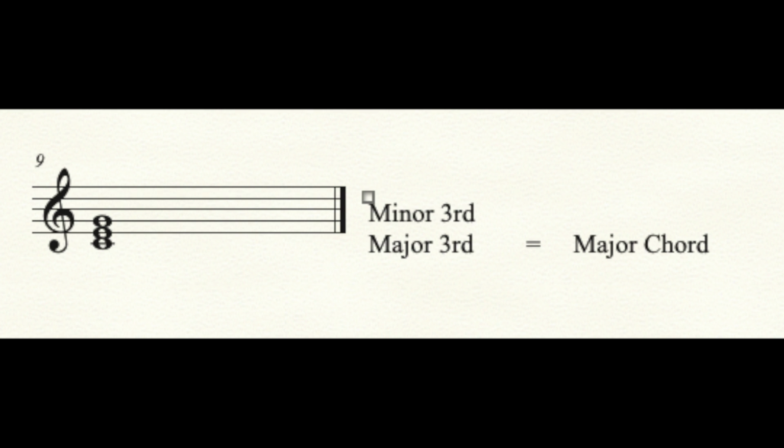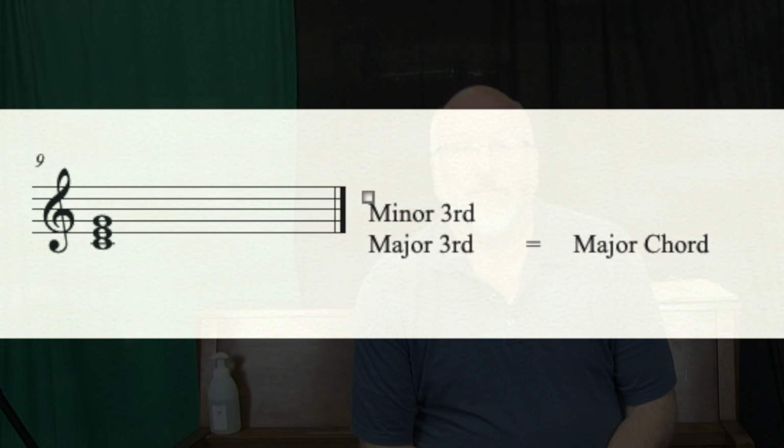A major triad is three notes stacked on top of each other in thirds. The bottom two notes of the stack are a major third apart in distance or interval. The top two notes are a minor third apart in interval. Played together, they make up a major triad.